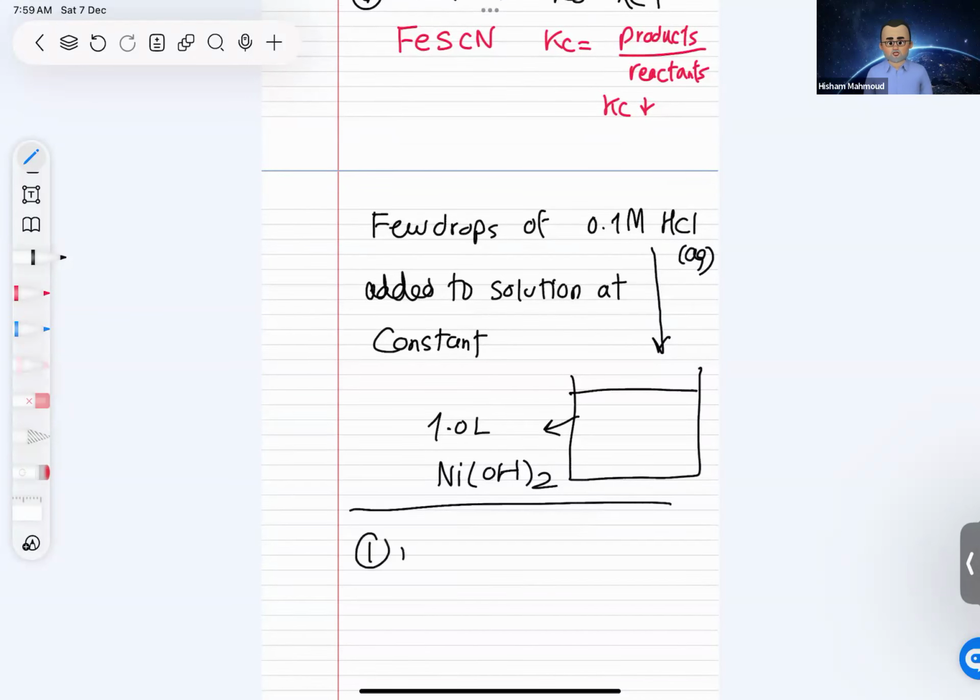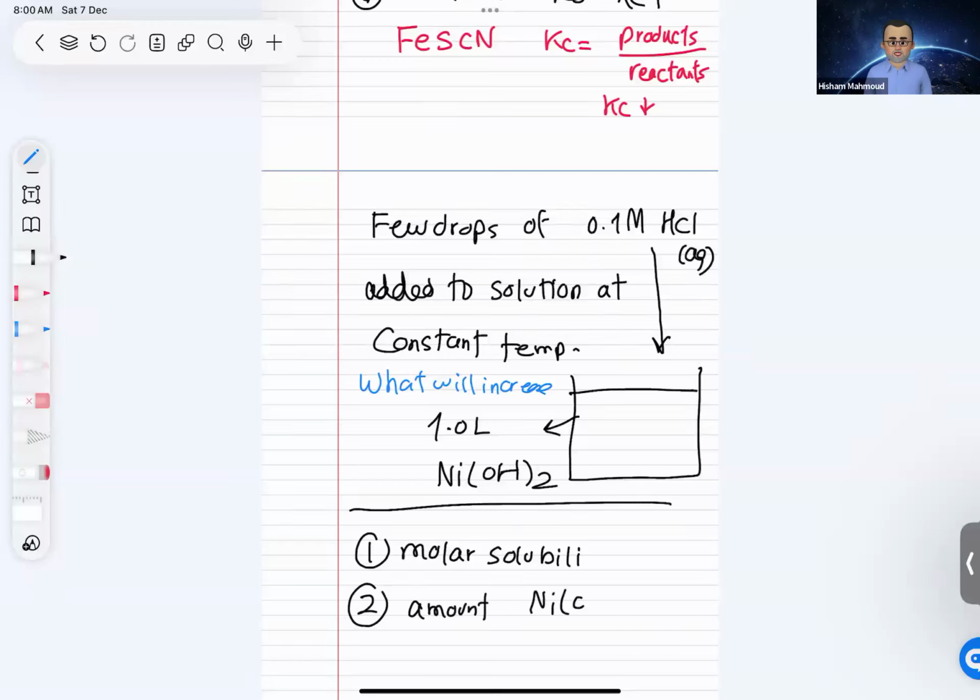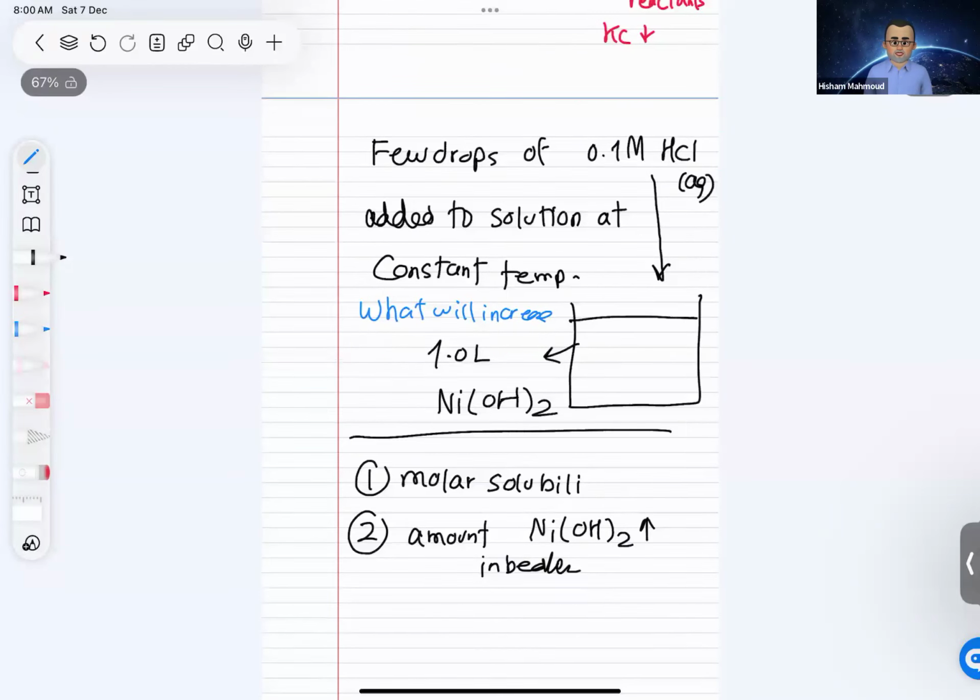The first option is that the molar solubility, with a few drops at constant temperature. So he's asking specifically what will increase. Is the molar solubility going to increase, or the amount of nickel hydroxide in the beaker, or the Ksp for the solution, or the pH of the solution?